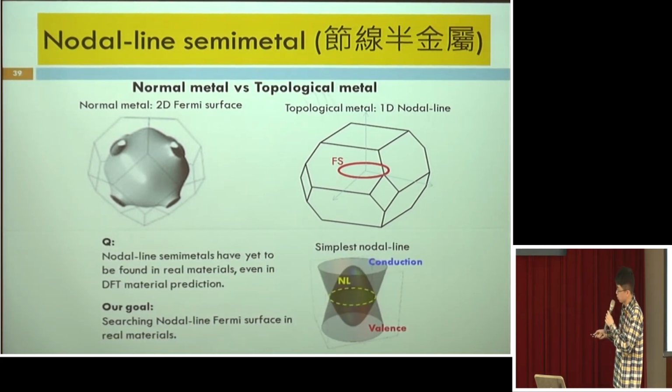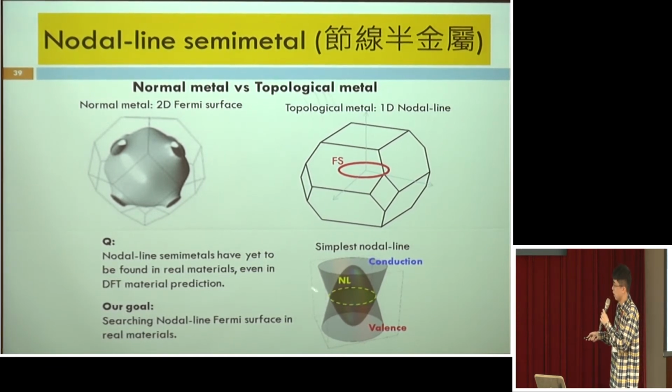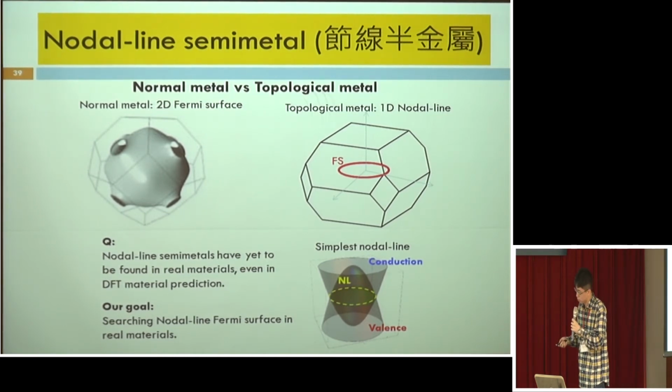The simplest nodal line is a crossing of two paraboloid bands. So things are very simple. However, this kind of bulk Fermi surface has not yet been found in real materials, even in DFT material prediction tables. So we would like to search for this kind of loop bulk Fermi surface in real materials.